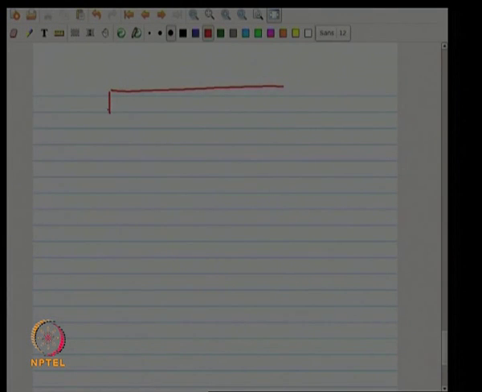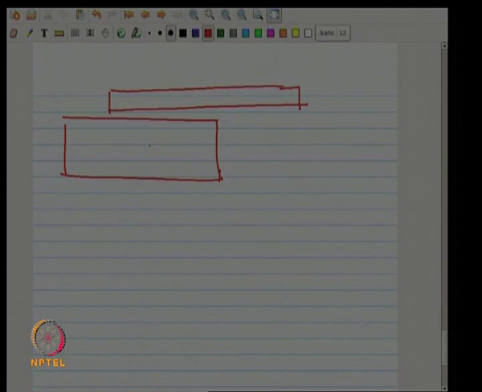Your transistors are nothing but orthogonal rectangles. Right? So you have this, and this is what is basically fabricated.